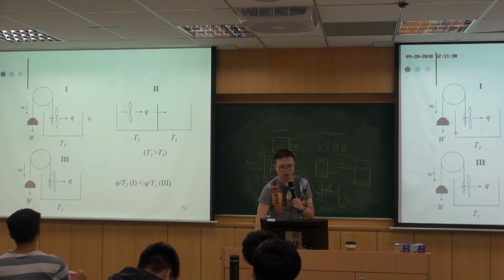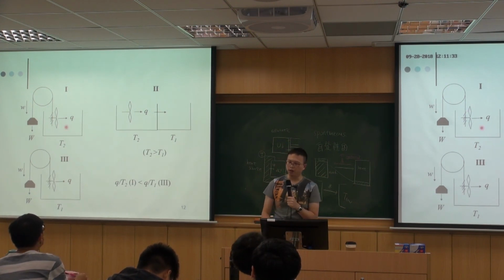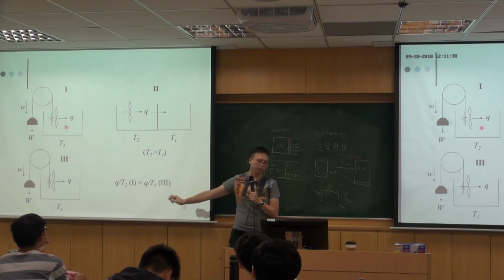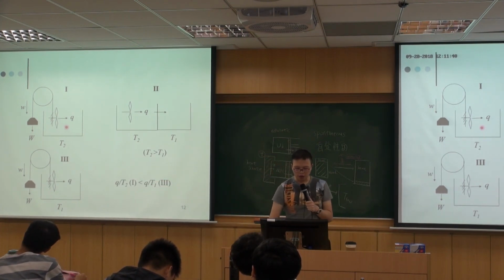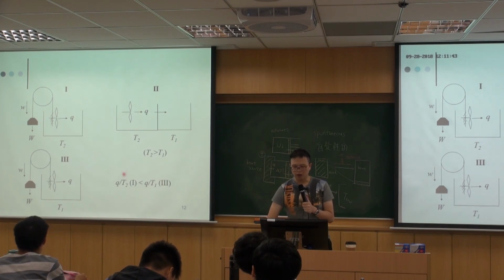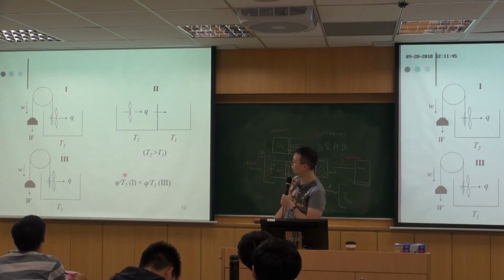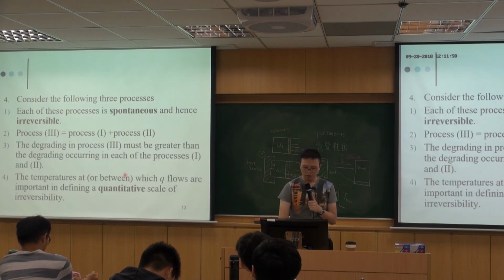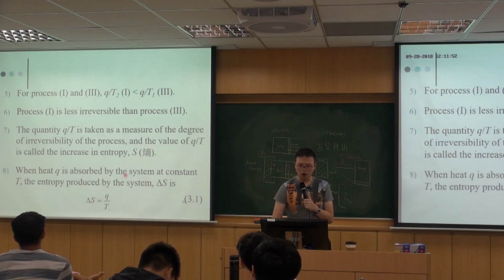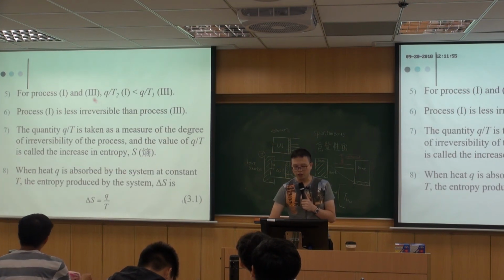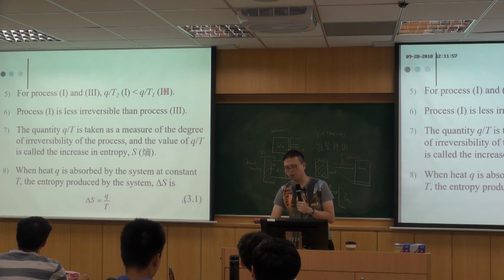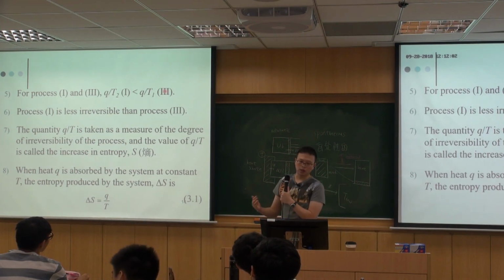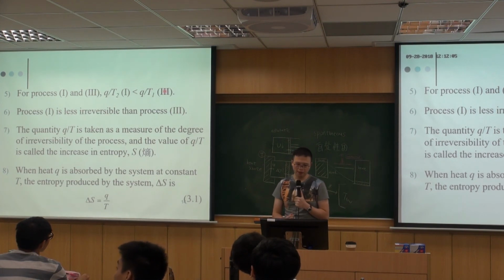So if you only go through process 1, then the irreversibility should be less than process 3. Therefore, the definition of entropy in classical thermodynamic terms is Q over temperature. Because from that, we can know that Q over T2 is less than Q over T1. So you can tell the difference between these two processes in terms of irreversibility.